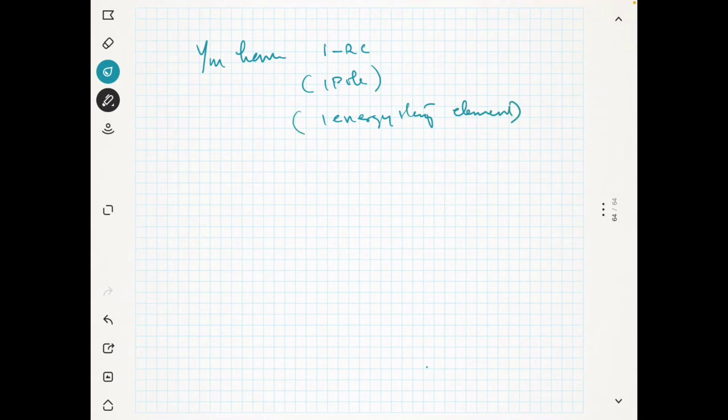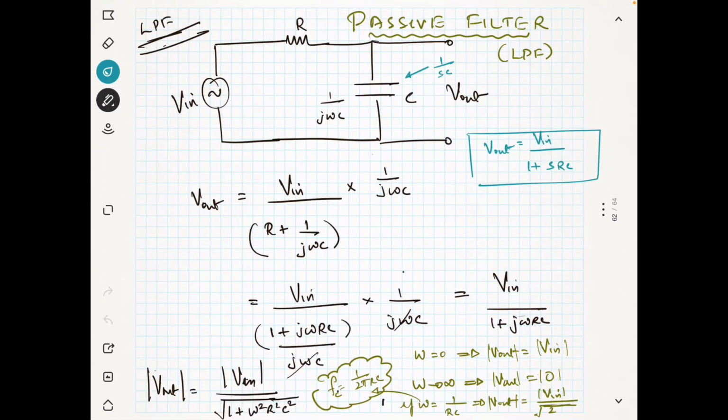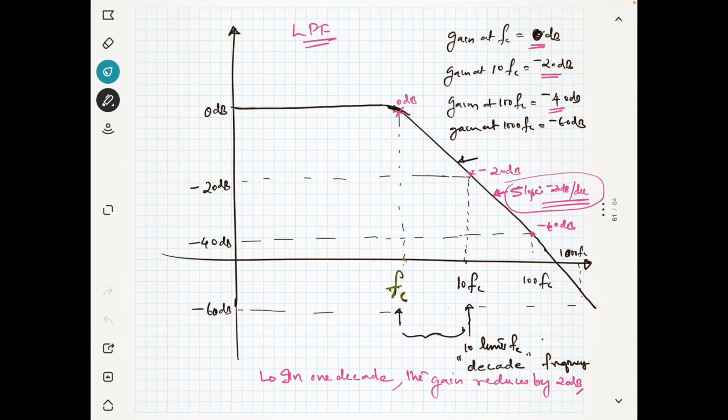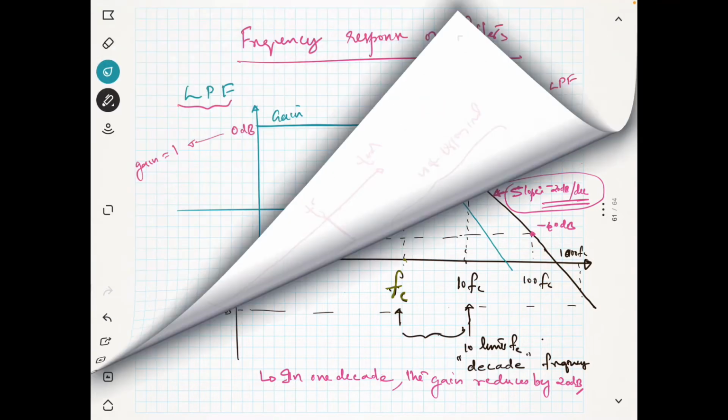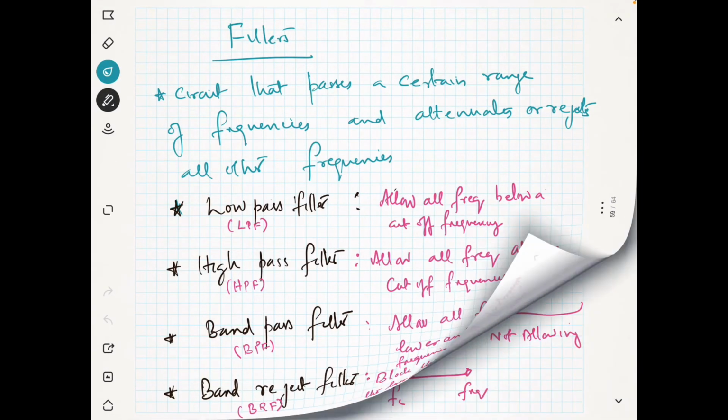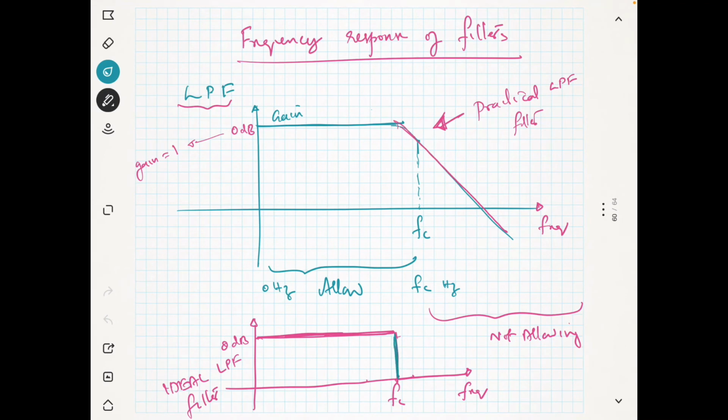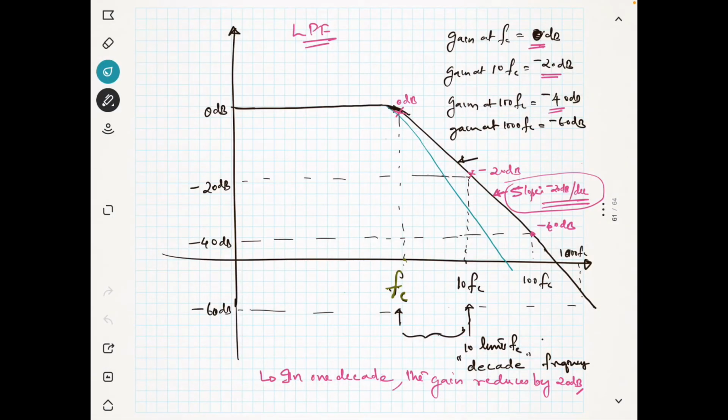That's why you have one pole and you are getting a slope of minus 20 dB per decade. Suppose you need more slope, something very fast decaying like this, then it's a good filter, because I told you the ideal property of a filter is this sharp transition. It's practically difficult to obtain.